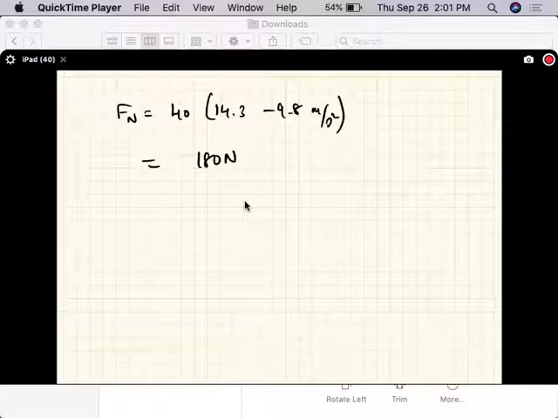This minus that is 4.5, and we'll write that in terms of g. 4.5 divided by 9.8 is 0.46 mg.